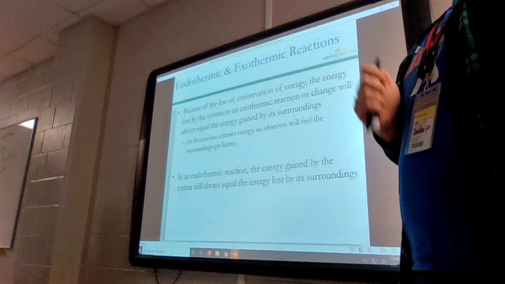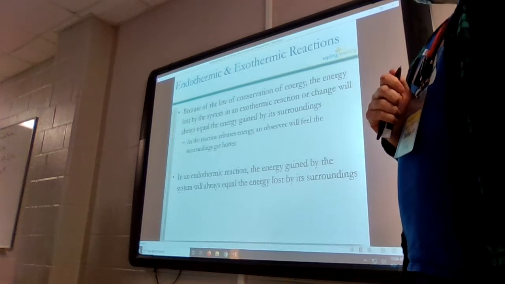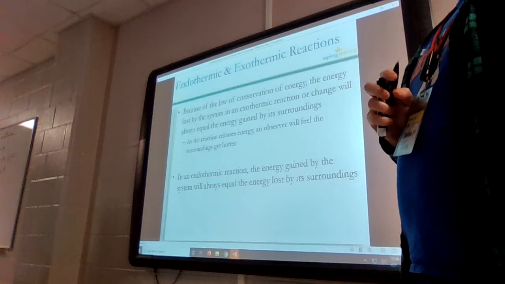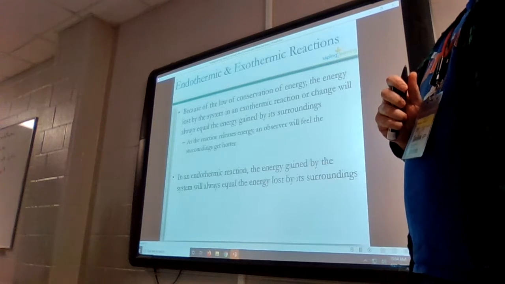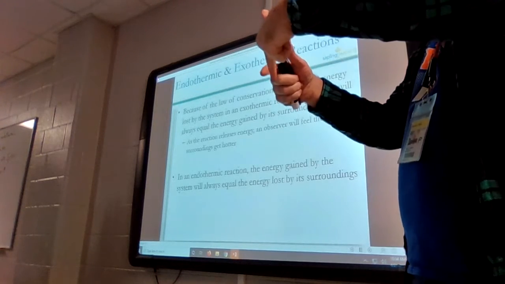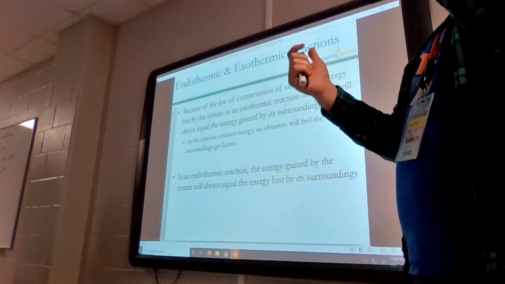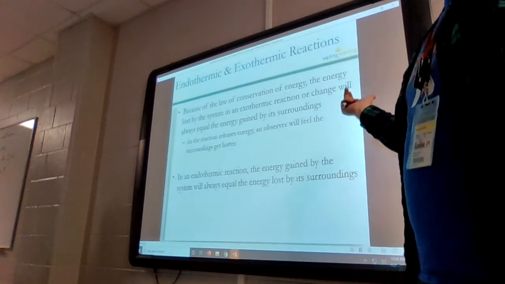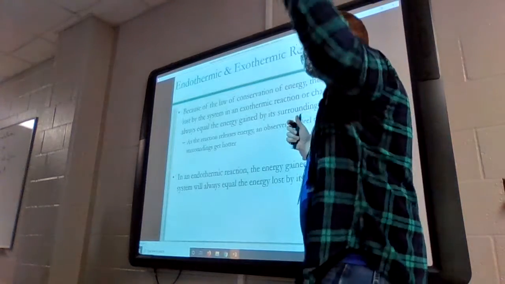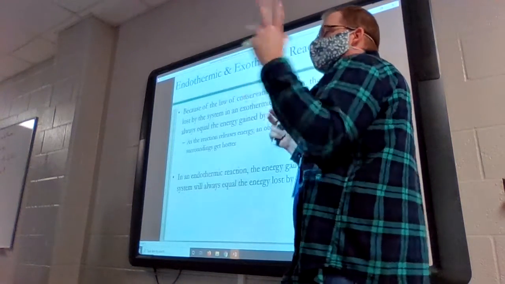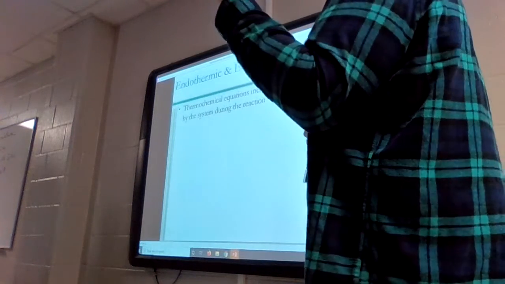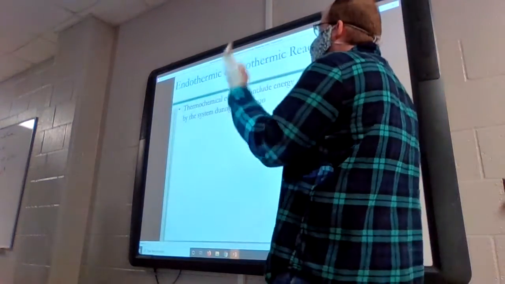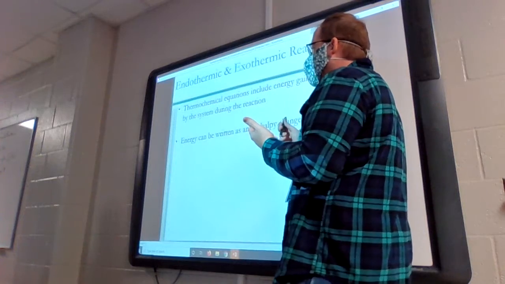So if I get a 5-degree temperature change inside my beaker, I had to take 5 degrees' worth of energy from outside my beaker. It doesn't necessarily mean the temperature in my room will drop 5 degrees, but it's the same amount of energy needed.